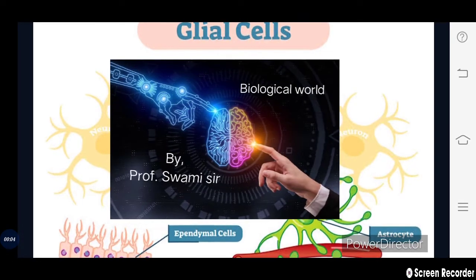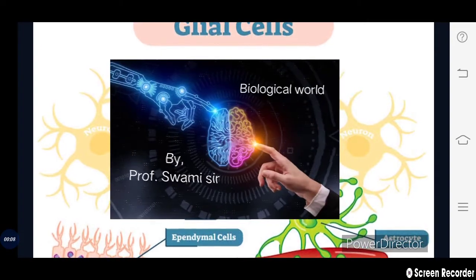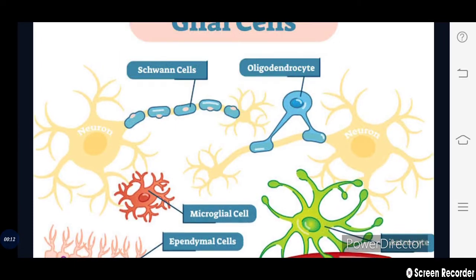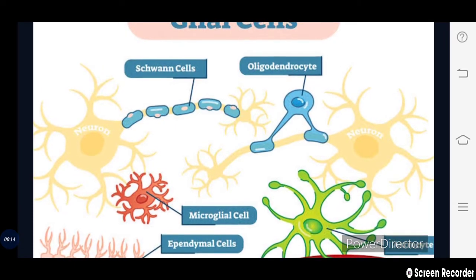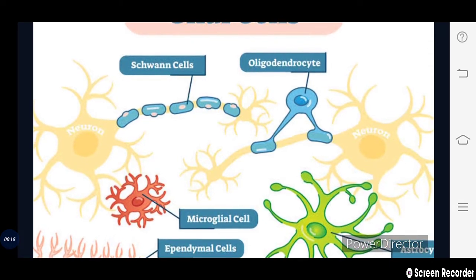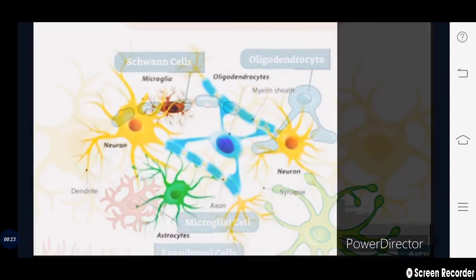Hello friends, now we shall study a special type of tissue, that is the nervous tissue, which consists of different types of cells such as the neurons and the neuroglial cells.